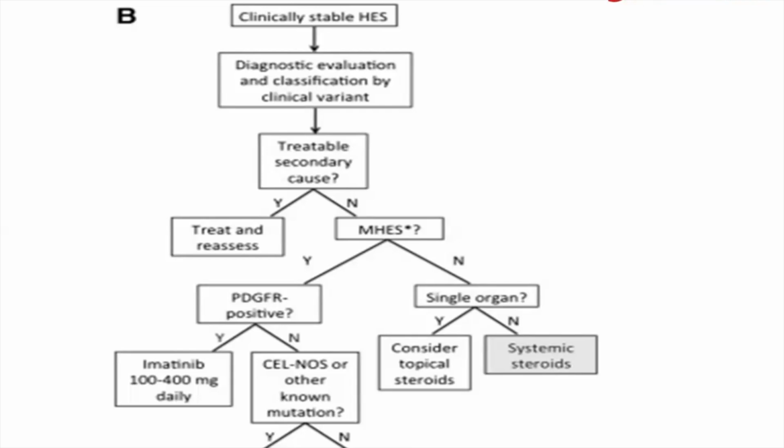If the PDGFR mutation is positive, then we treat with imatinib 100 to 400 mg daily. If there is no PDGFR mutation, then we treat like chronic eosinophilic leukemia NOS type, which again I'll be discussing later. And if a response is there, then it is a varied response. If there's no response, then we give systemic steroids.